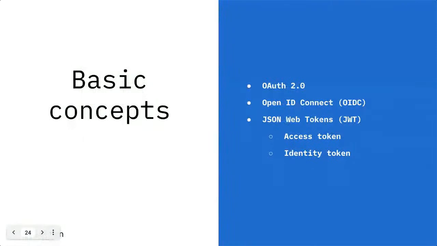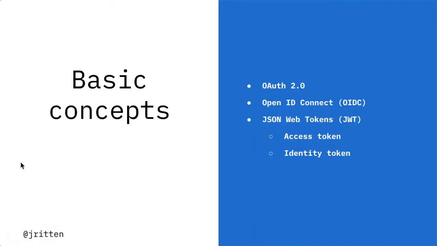So some basic concepts. We're talking about authentication, OAuth 2.0, OpenID Connect, and JSON Web Tokens, such as access tokens and identity tokens. Under the hood of authentication and authorization are the following basic concepts. OAuth 2.0 or OAuth 2 is the open standard protocol that's used to provide app authorization.